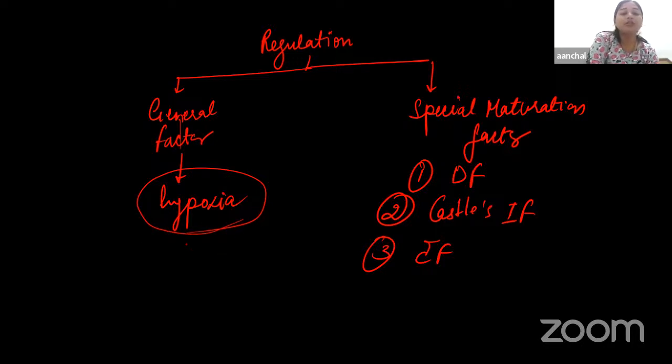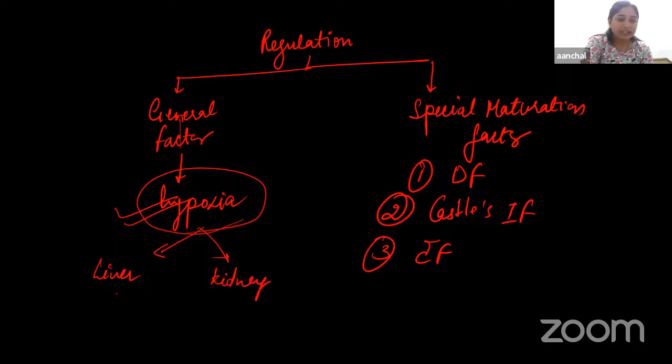When a person visits a high altitude, there will be a deficiency of oxygen because there is a low partial pressure of oxygen at high altitude. At that time, the person will have a hypoxic condition. So this hypoxia will stimulate organs like the liver and kidney.